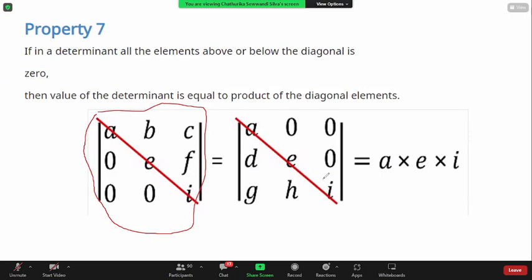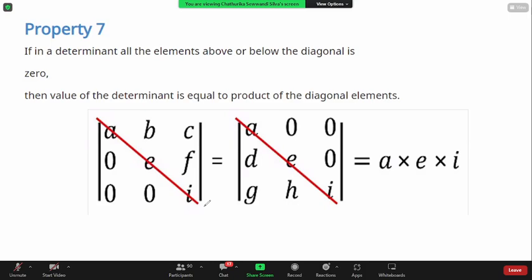And this one? Lower triangular matrix. So under property number 7, if in a determinant all elements above or below the diagonal are 0, that means in an upper triangular or a lower triangular matrix, you can easily calculate the determinant by multiplying the diagonal elements.